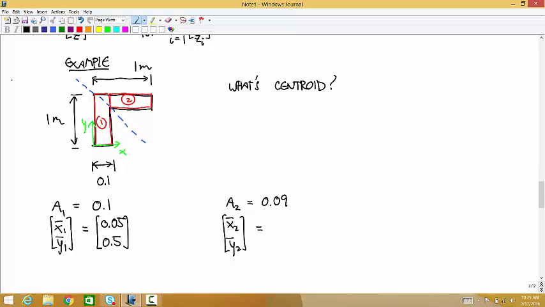It's 0.1 to get here, and then another 0.45 to get there. So the x centroid is 0.55. And the y centroid is, you have to go up 0.9 to get to the bottom, and then another 0.05 to get here. So 0.95.